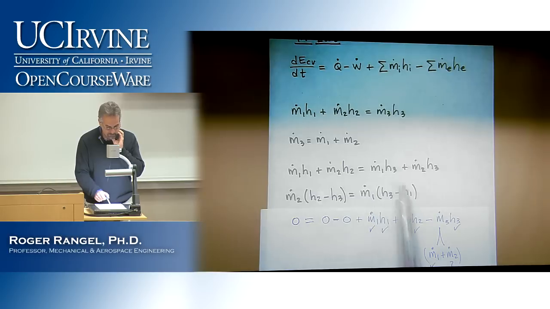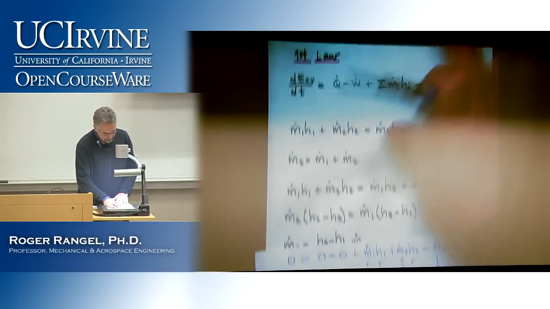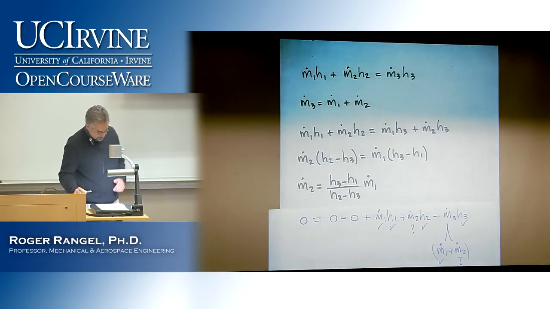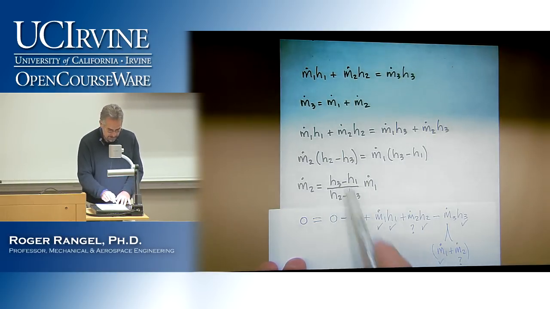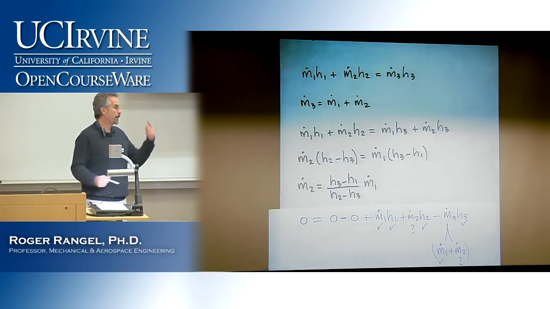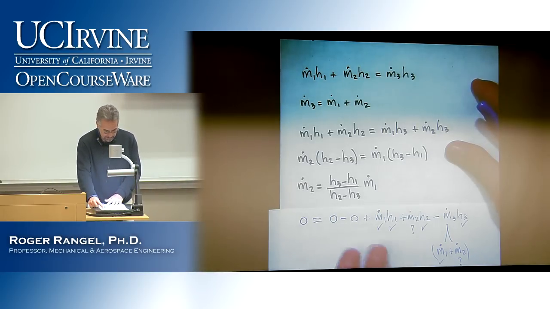That's m dot 1, factor of H3 minus H1. The rest is just simplifying this. So solve for m dot 2. And then you get this expression, which, since you know all the enthalpies, will tell you the ratio of m dot 2 over m dot 1. You know, per kilogram of liquid, how much superheated steam do you need?